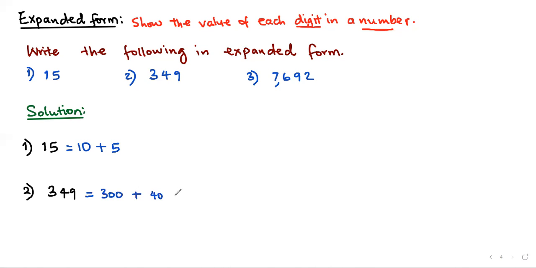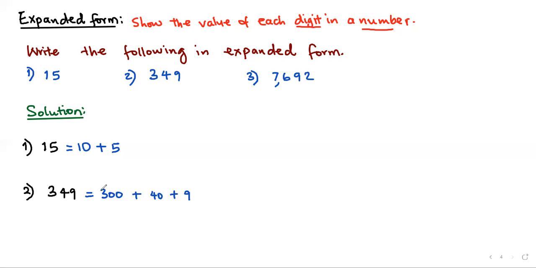What is the value of 9? 9. So it means that 349 in expanded form is 300 plus 40 plus 9. Okay.